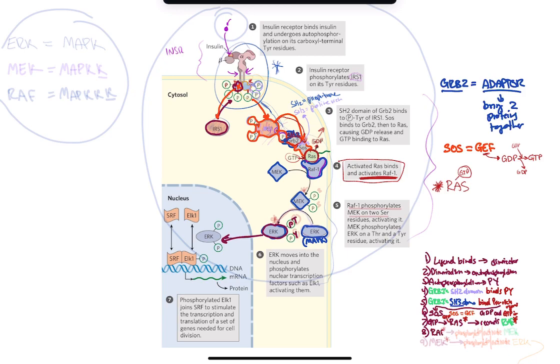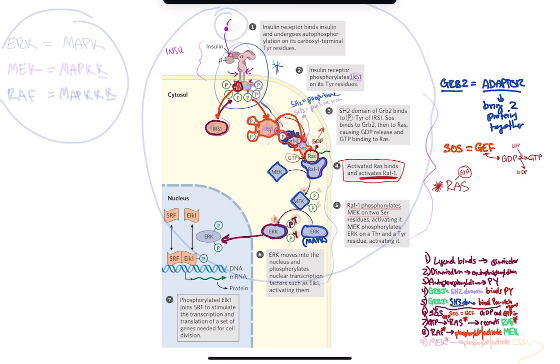Active RAF, with the star. Active RAF does what? That's a kinase. It's going to phosphorylate, we'll use orange here, phosphorylate/activate MEK.